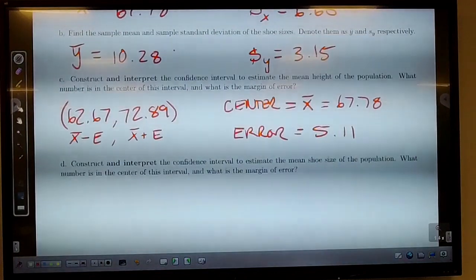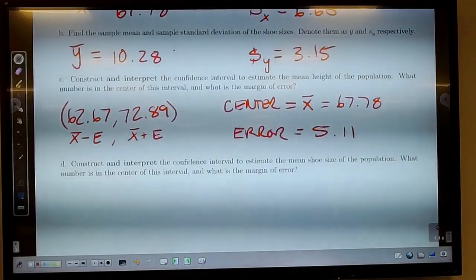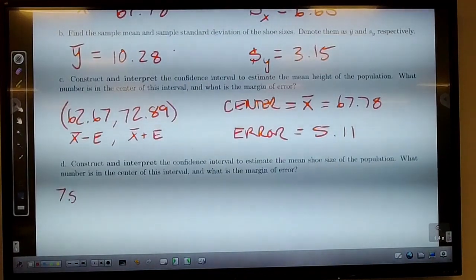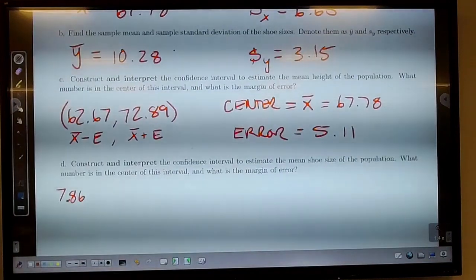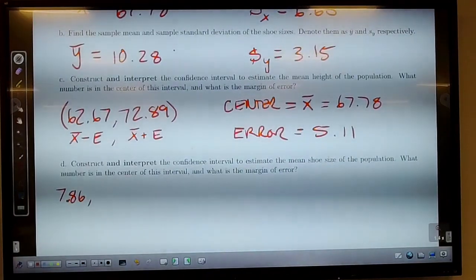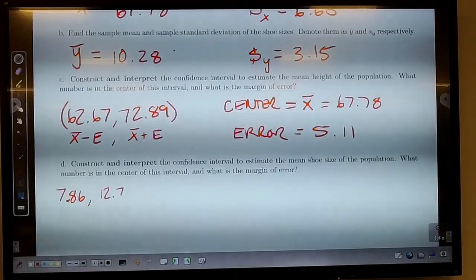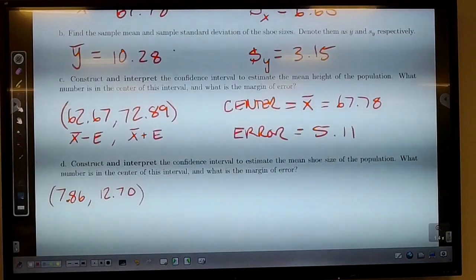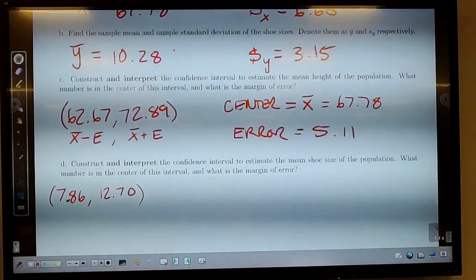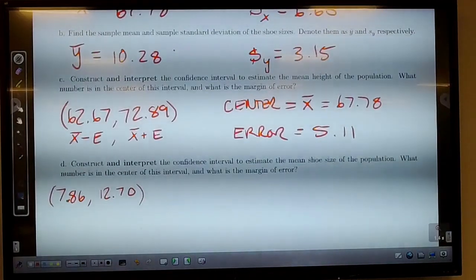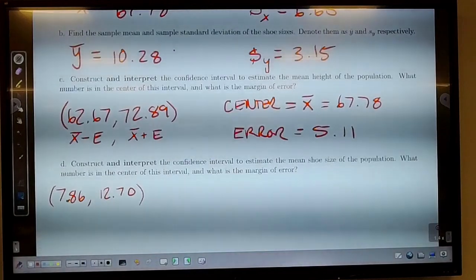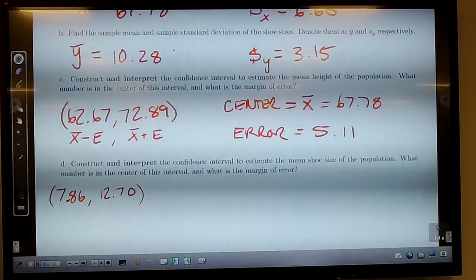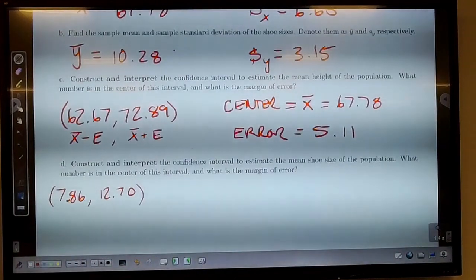Now the numbers that I got were 7.86 and 12.70. But there's a problem here. We'll address it after we say what the center is and the margin of error.